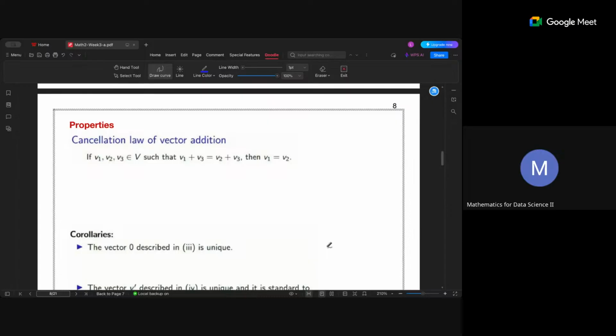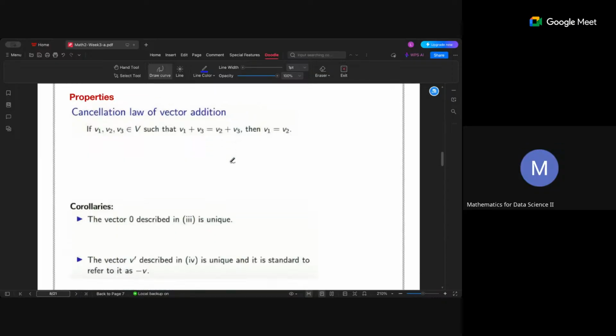Okay, so when we are doing the usual addition, we have the cancellation properties, right? The same cancellation property works here as well. It means if you have v1 plus v3 equal to v2 plus v3, then v1 should be equal to v2. So for any vector space, the cancellation law of vector addition is there. So you can cancel out these terms here.